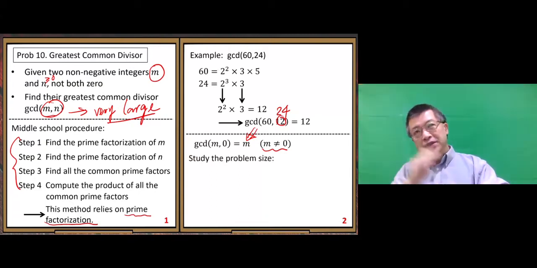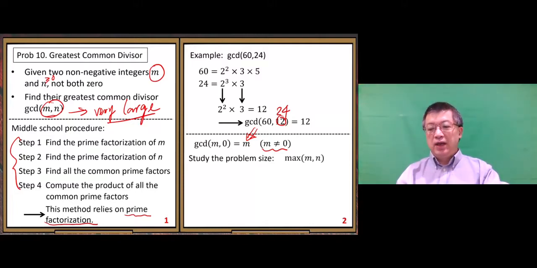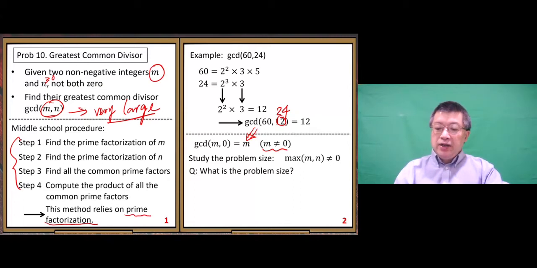Now let's look at the problem size, because when we do size reduction, we want to know what the problem size is. The maximum of these two integers. Remember, they cannot both be 0, so this maximum number is not 0. So this is the problem size.